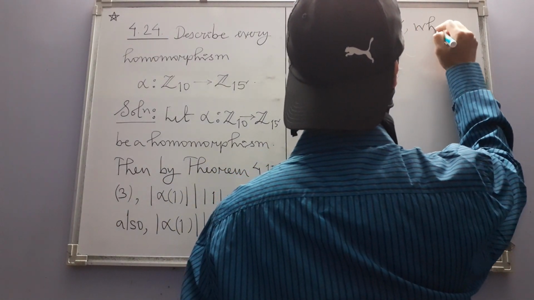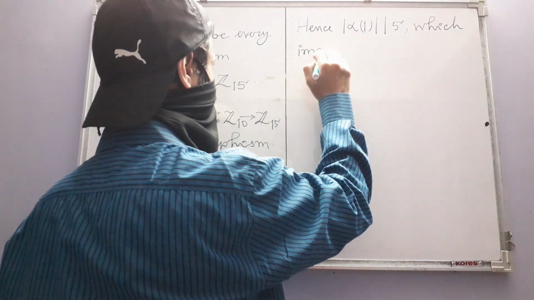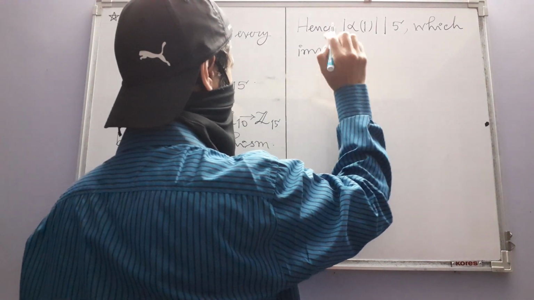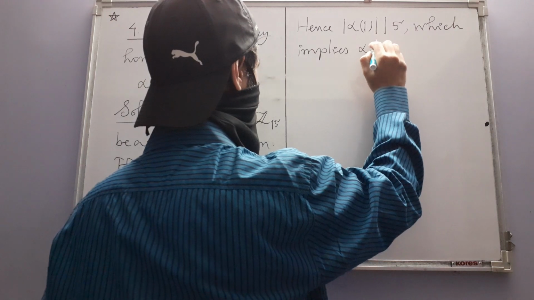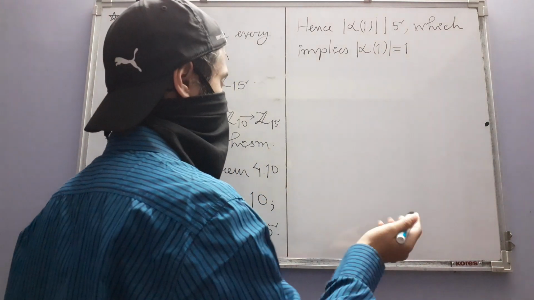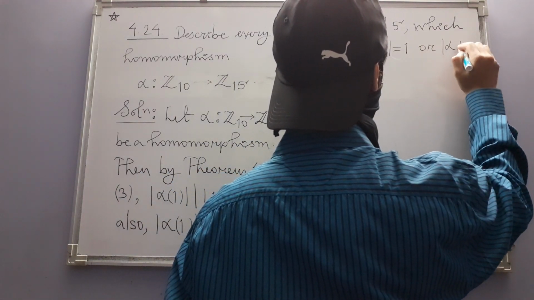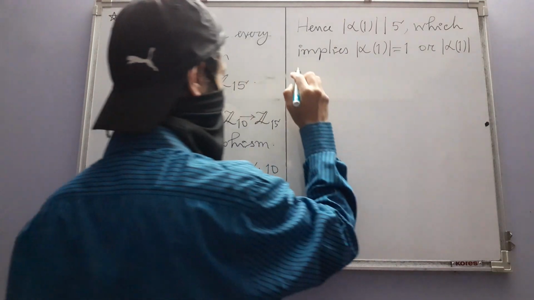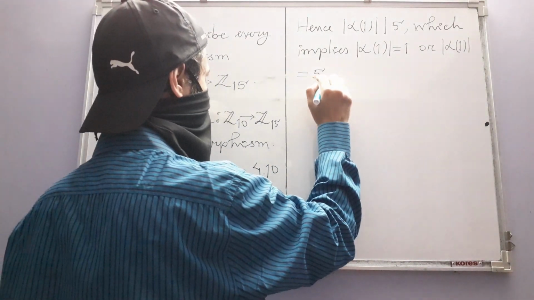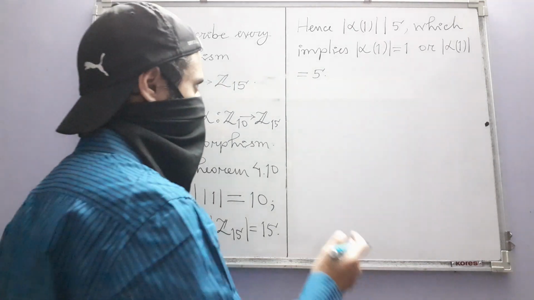So there are only 2 possibilities. One of them is of course 1, and the other one is 5. Now let us see each one of them separately.